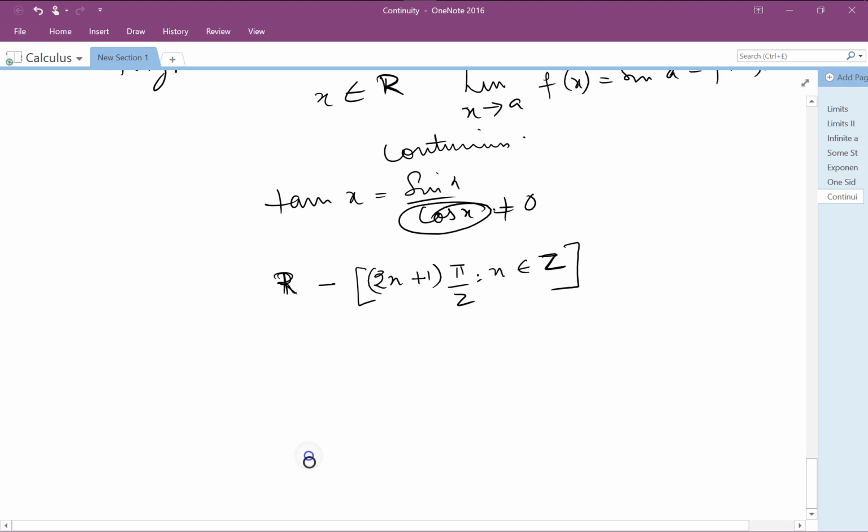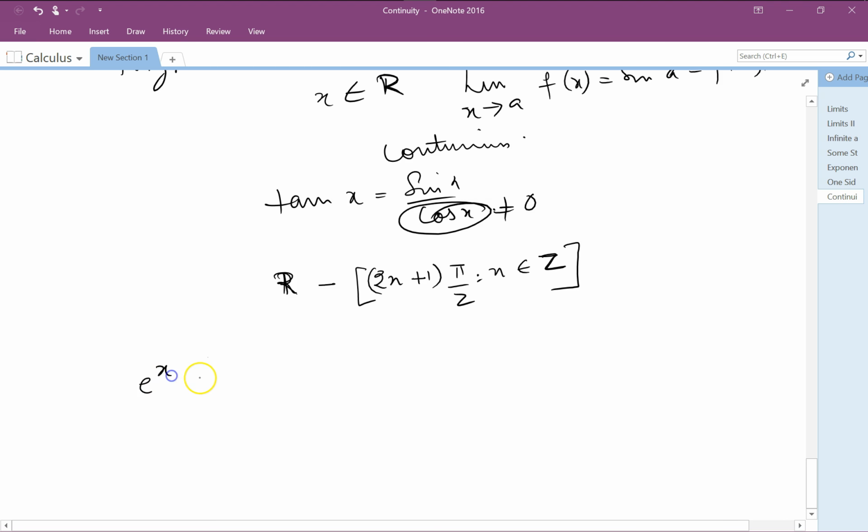Similarly sec and cosec, which are 1 over cos and sine, also have a denominator. So if you specify the domain properly, then those functions are also continuous.